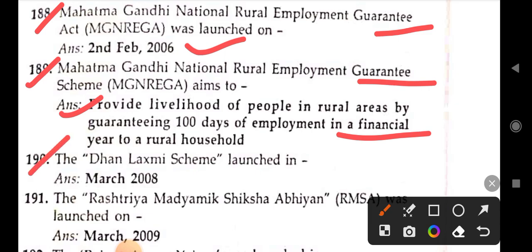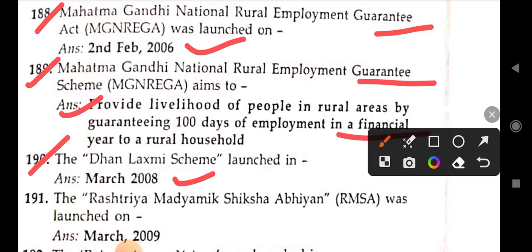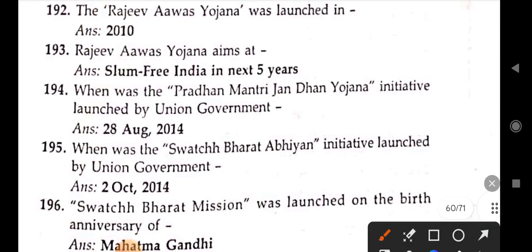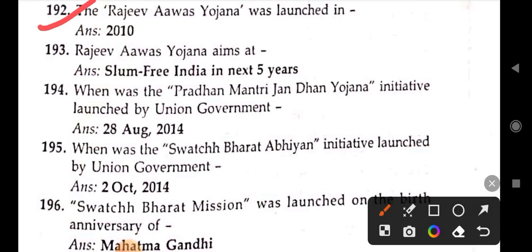Next, the Dhan Lakshmi scheme was launched in March 2008. Next, the Rashtriya Madhyamik Shiksha Abhiyan, RMSA, was launched in March 2009. Next, the Rajiv Awas Yojana was launched in 2010.